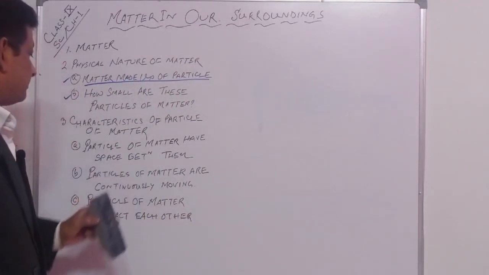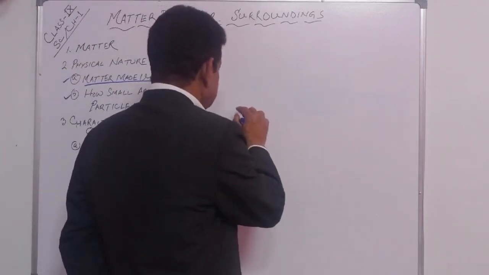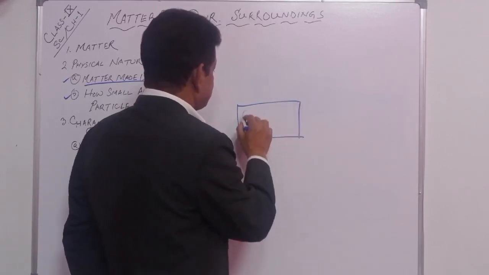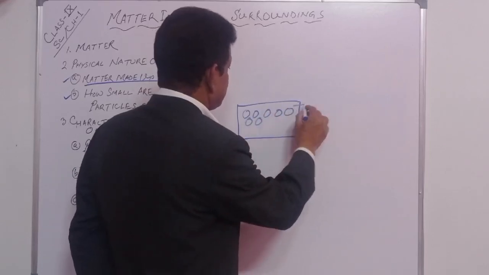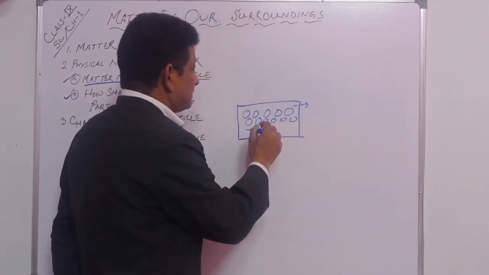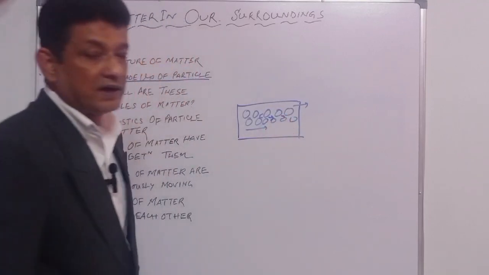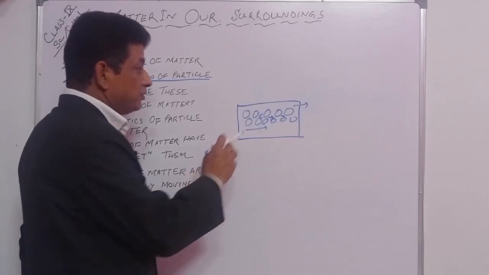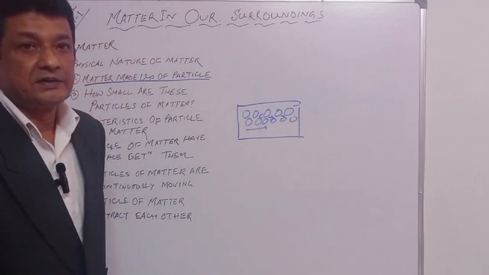Next point is particles of matter are continuously moving. Suppose these are particles of matter. These particles are moving continuously inside the material, and this movement depends on the temperature.